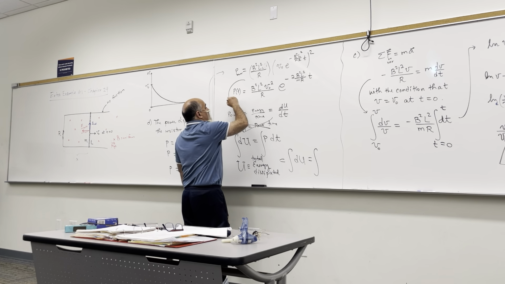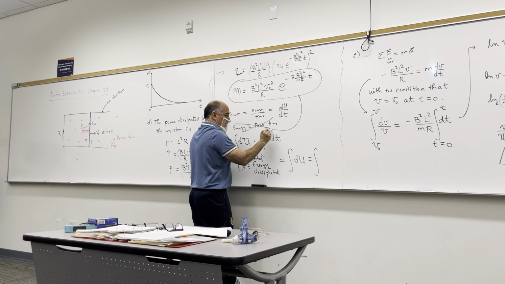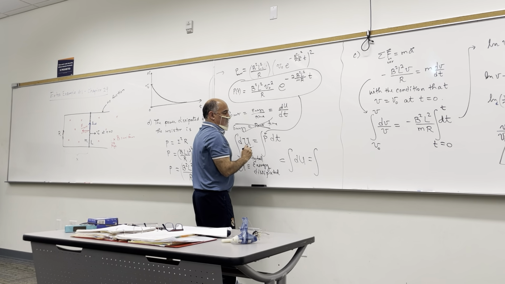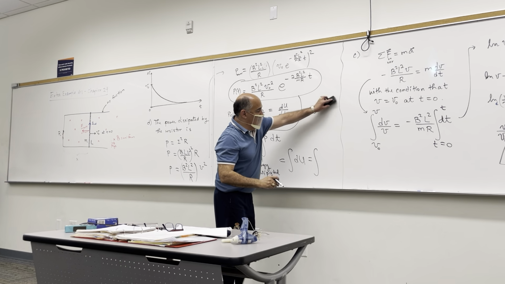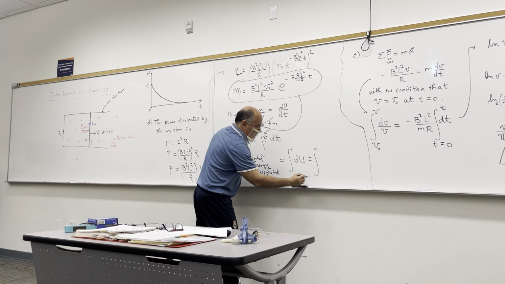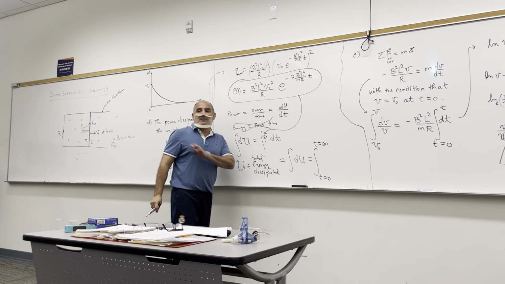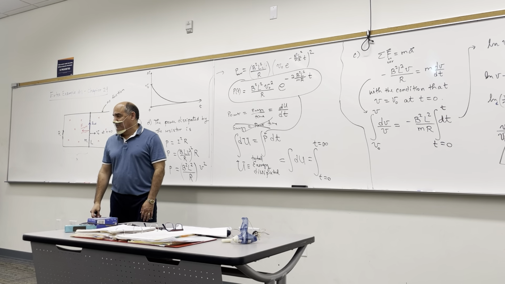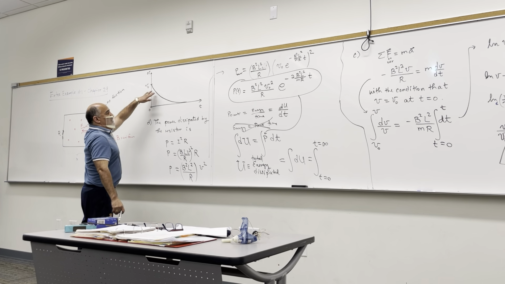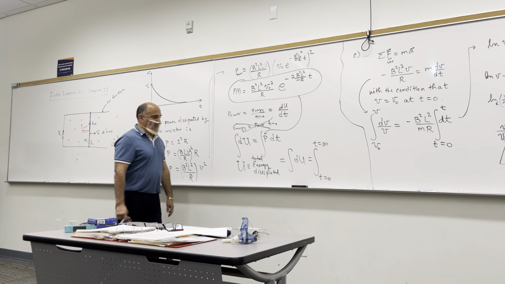So I'm going to take this power here, and I have to put it in here, integrate from, well, this thing will eventually stop, right? So I'm going to integrate this from t equals 0 to t equals infinity. I'm going to give myself enough time to make sure that the thing stops. Because this is just exponentially getting slower. I'll just make sure that I take it to infinity.